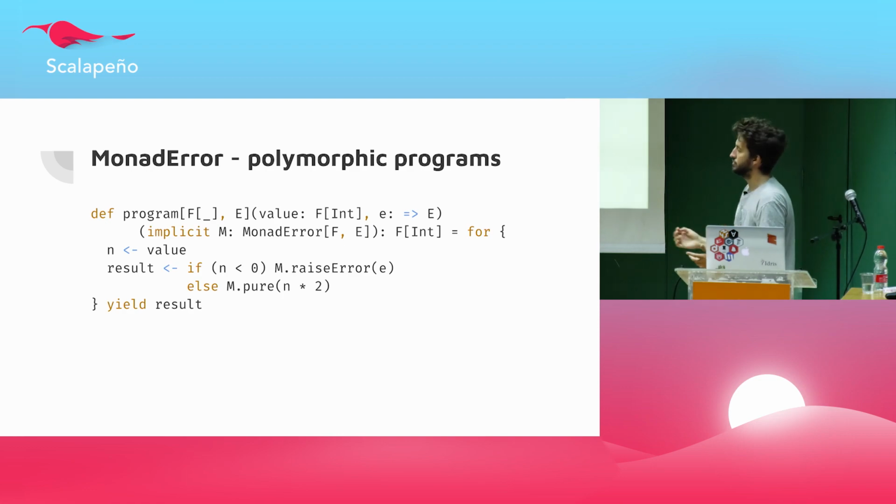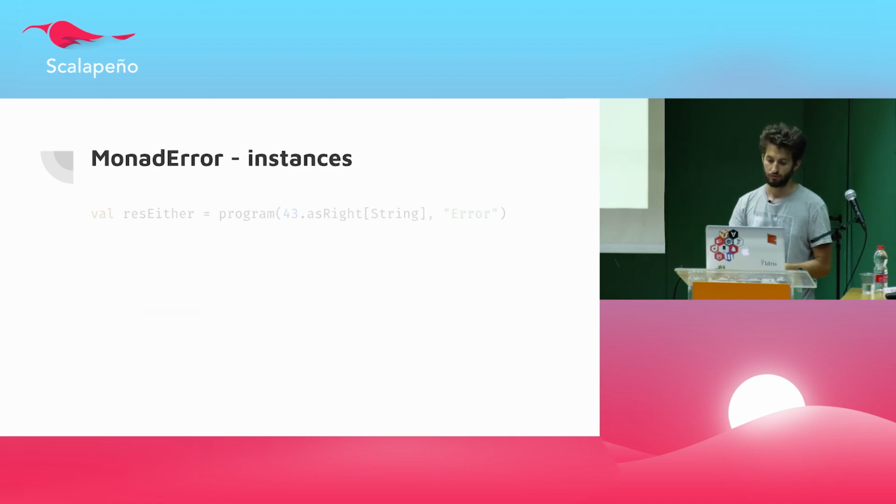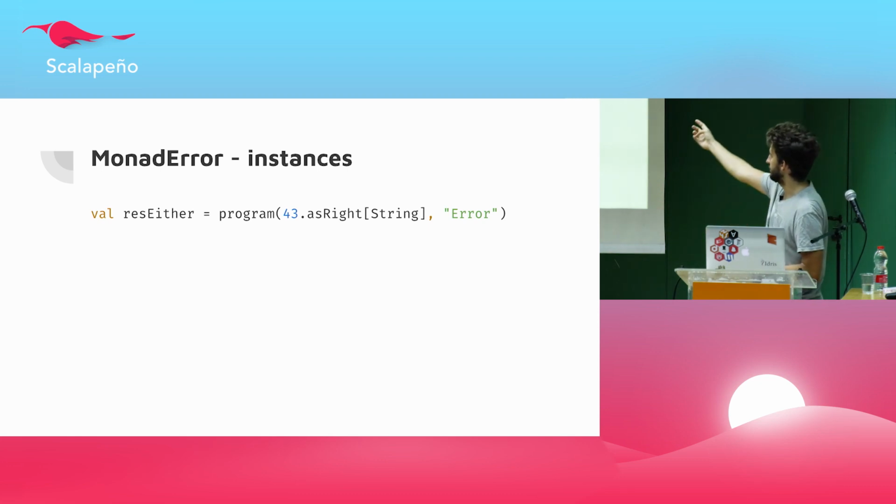Because now we can call this program with a lot of different types, not just either. We can call it, of course, for example, with either, where we say this program is going to return either an integer or a string as its error type. Of course, we could also use different things.